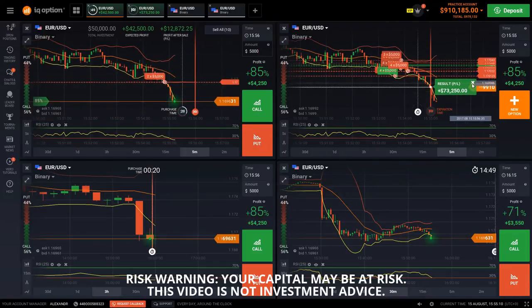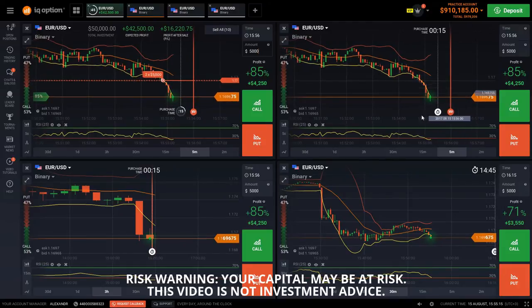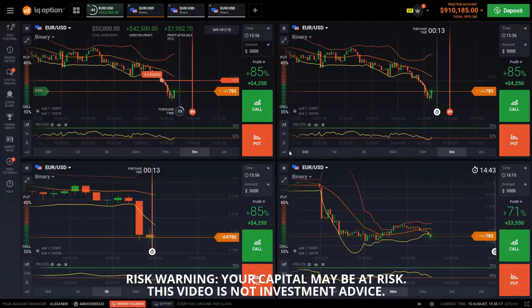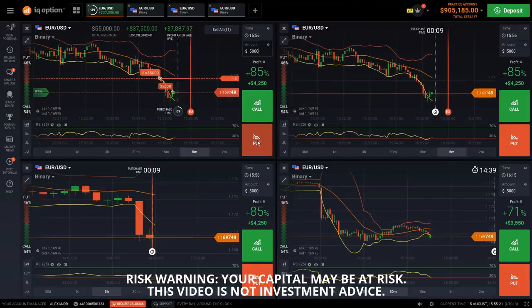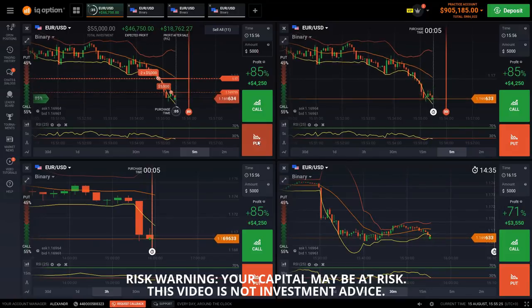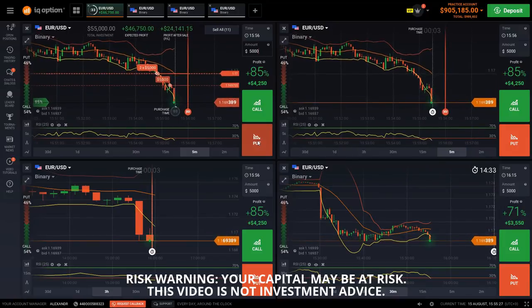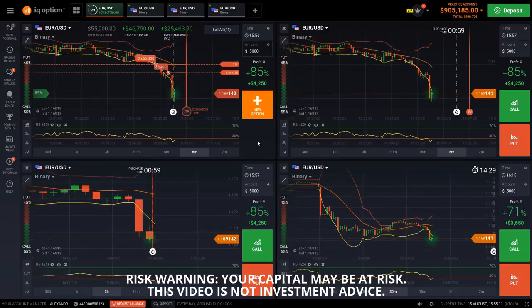So now the balance exceeded 900,000. $910,000 balance, $90,000 more to reach a $1 million balance. So this downtrend still seems to be going on.